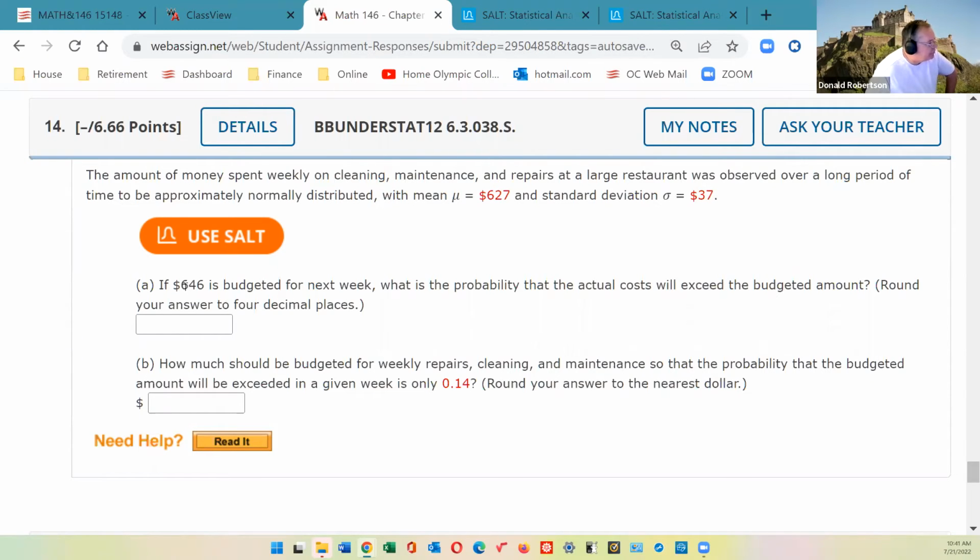If $646 is budgeted for next week, what's the probability that the actual cost will exceed this? Aren't they really saying, what's the chance that it's bigger than that number? So what's the chance that you end up having to spend more than 646?